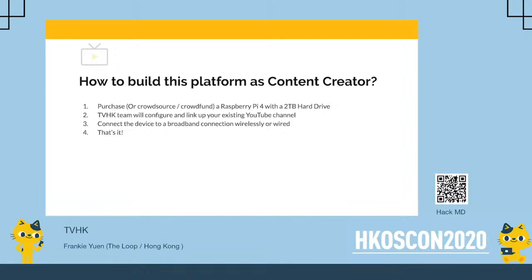So either they host their own server instance, or perhaps at a later stage, we'll see how this project develops, there could be a centralized primary seeding PeerTube instance hosted on a particular cloud server. We can do either way, because the more seeds we have, the more speed and the more bandwidth we can get out of the whole ecosystem. So I think the team would help the content creator to set it up very quickly.